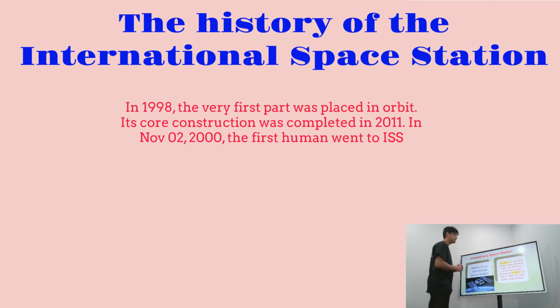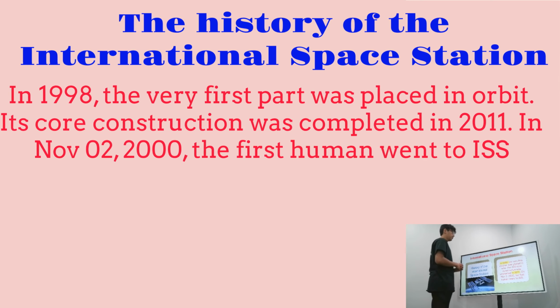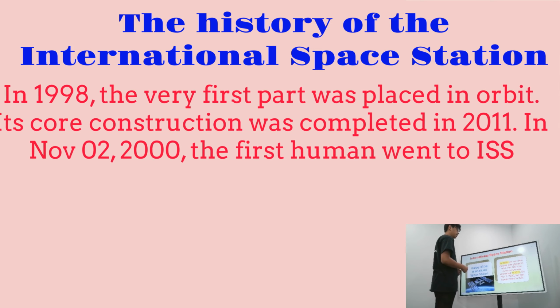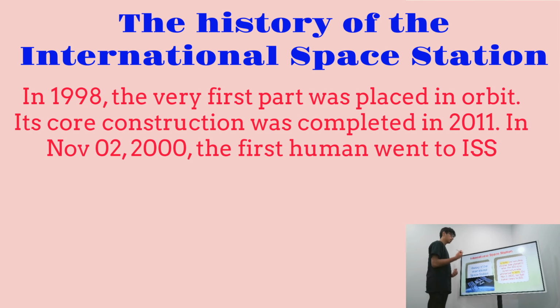And now let's cover the history of the ISS. In 1998, the very first module was placed in orbit. The ISS core construction was completed in 2011, and on November 2nd, 2000, the first human went on the ISS. So this gives a little bit of a timeline about the ISS.